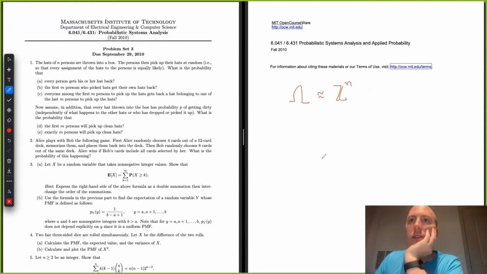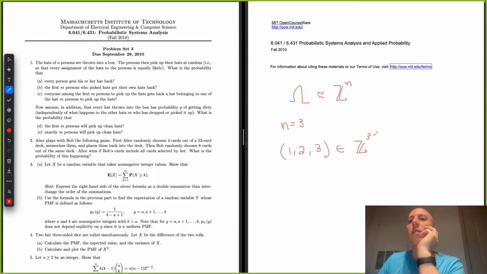So for instance, if n is equal to 3, we've got elements like (1, 2, 3), and (1, 2, 3) is an element of Z^3. So I guess we could say that omega is a subset of Z^3.